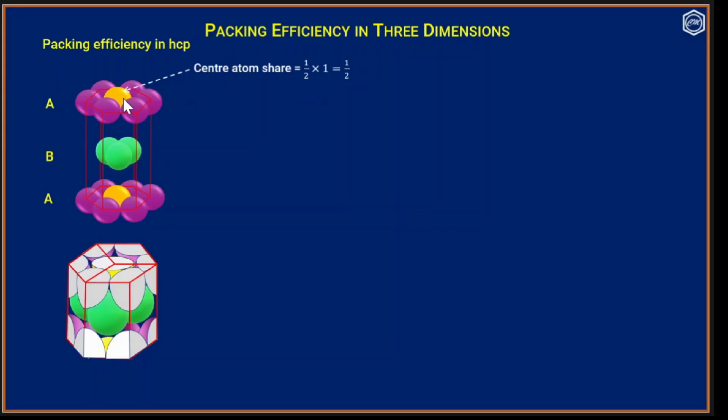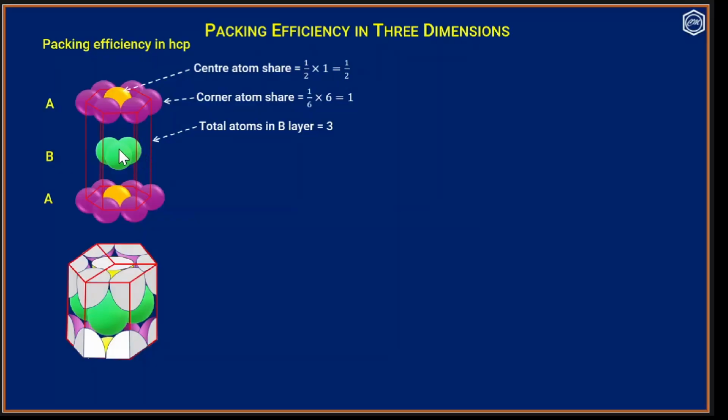So the contribution to this unit cell from this atom is half. Now take the corner atoms. These corner atoms are shared by 6 unit cells: 3 here, 3 above, so 6 unit cells share it. So 1 by 6 into 6, as there are 6 corner atoms. So the effective number is 1.